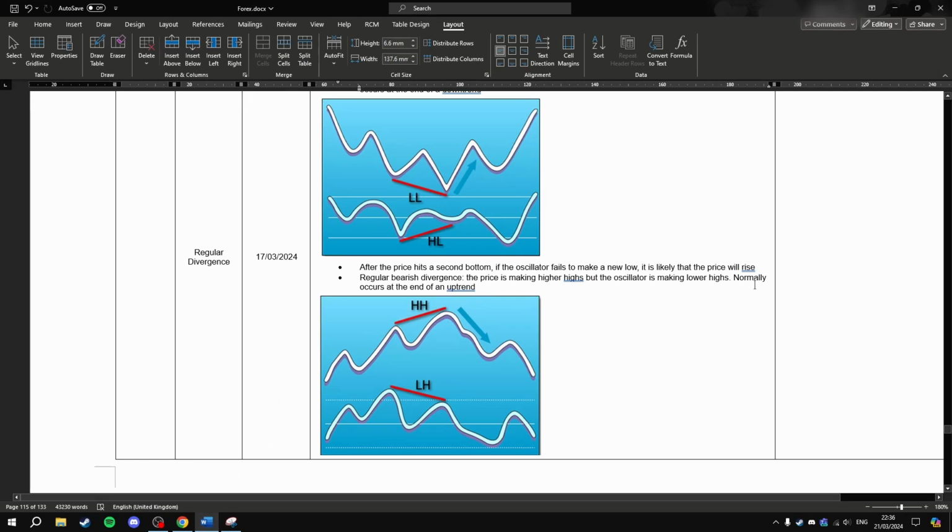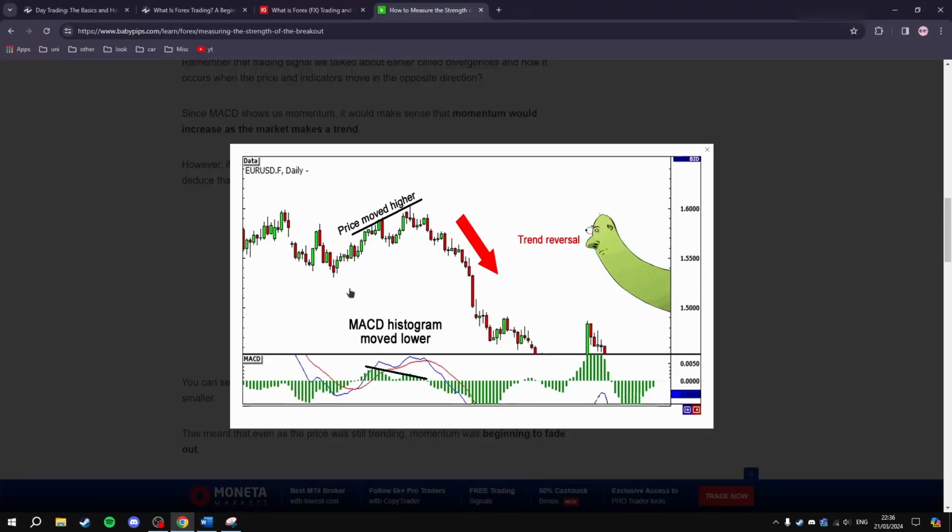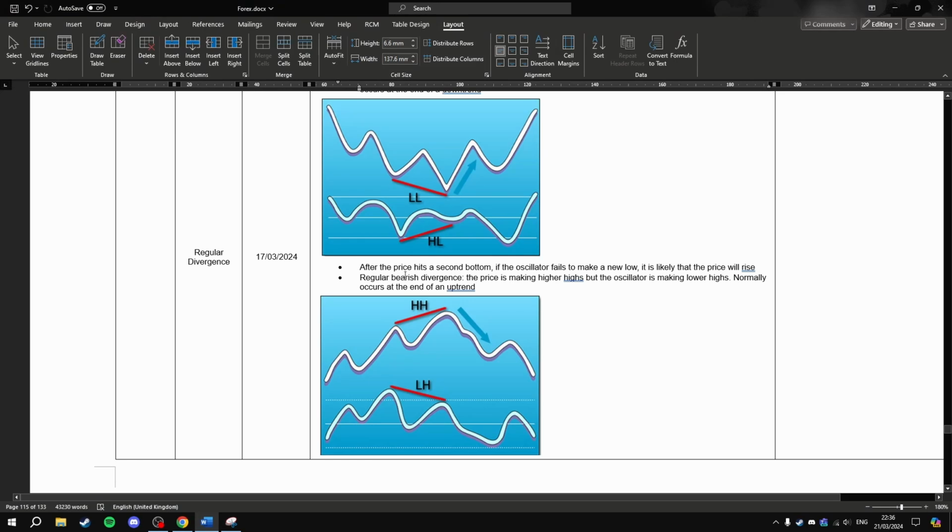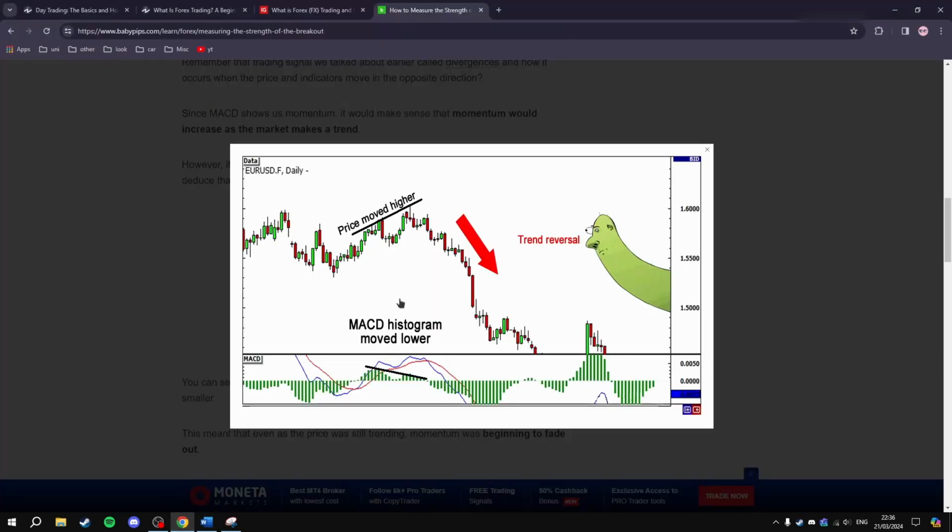Regular bearish divergence normally occurs at the end of an uptrend, which it does, so there's an uptrend here, end of the uptrend, and since it's a bearish divergence, we can see a trend reversal into a downtrend happens after the end of that uptrend. Further confirmed by the fact that these two lines are going below the zero line, signaling another bear reversal, and also the histogram flips in the opposite direction, so below zero instead of above zero.